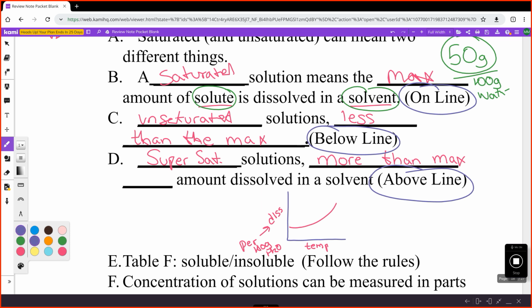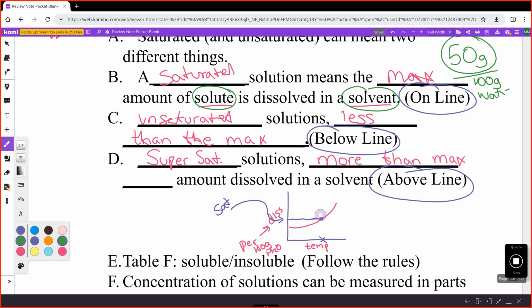And so going back to our definitions, if we were picking a particular temperature, let's say that's the temperature, whatever this value is, for this amount, we would call that the saturated amount at that temperature.